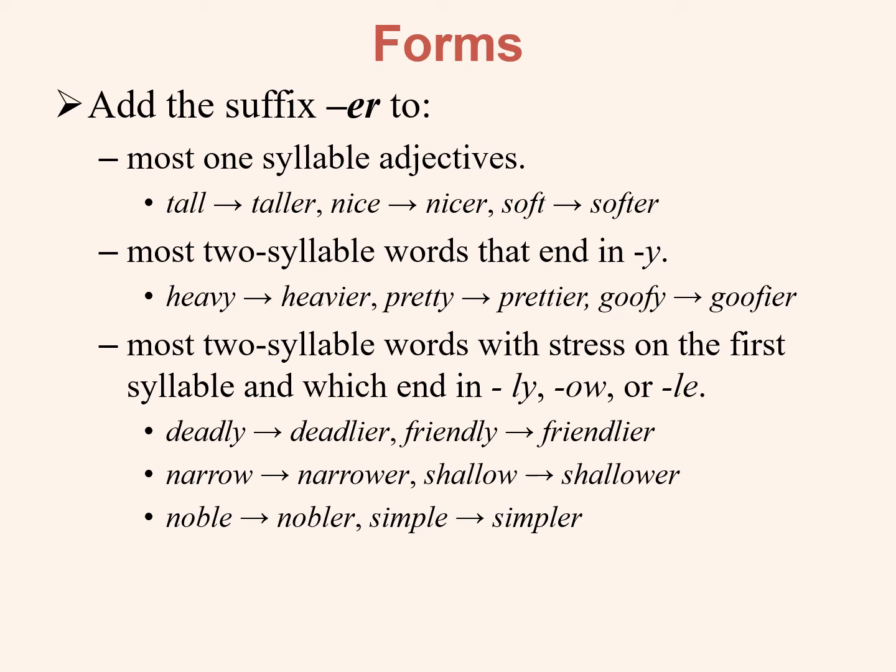So, for example, deadly, deadlier; friendly, friendlier; narrow, narrower; shallow, shallower; noble, nobler; simple, simpler. So you can see that to decide whether to use that er suffix, we have to count the number of syllables, and we have to look at where stress is and what letters are used at the end of the word. A little bit complicated.